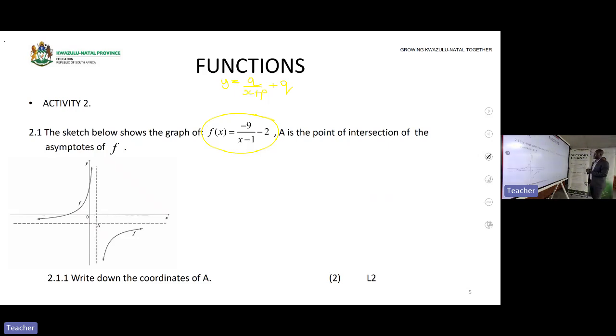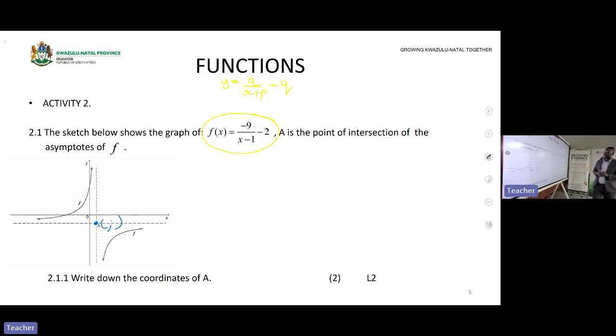A is the point of intersection of the asymptotes. We are given A as the point of intersection of the asymptotes, so this is where our asymptotes meet. Somewhere we'll have to find the coordinates of A because that is where our asymptotes meet.